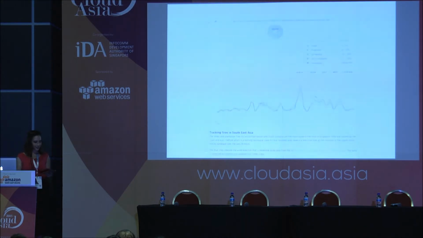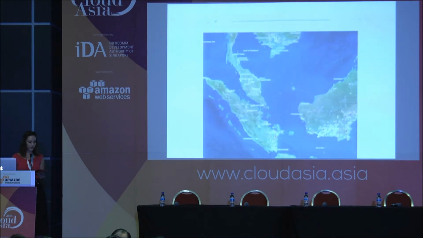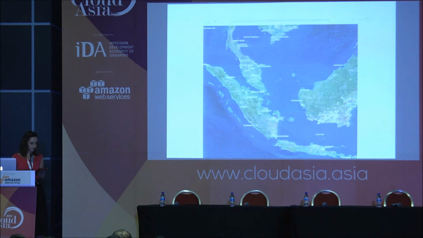Then, this is another CartoDB map. We basically have connected a real-time data set of NASA hotspots and then overlaid wind direction information, which is updated in near real time. It's about 4 times a day.